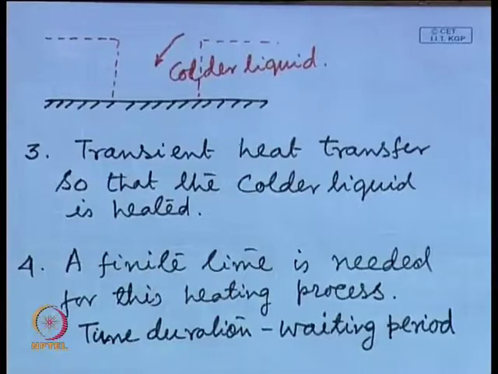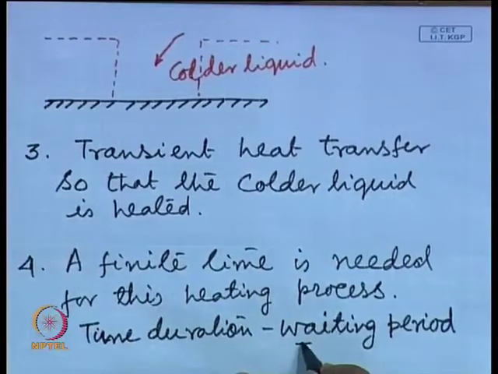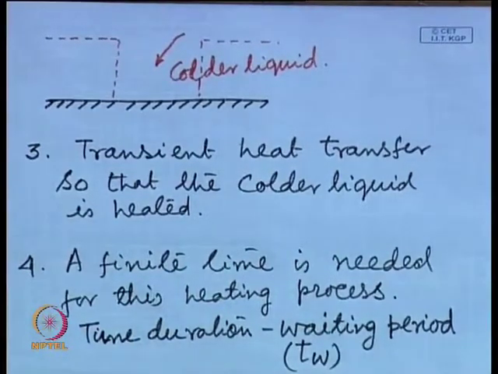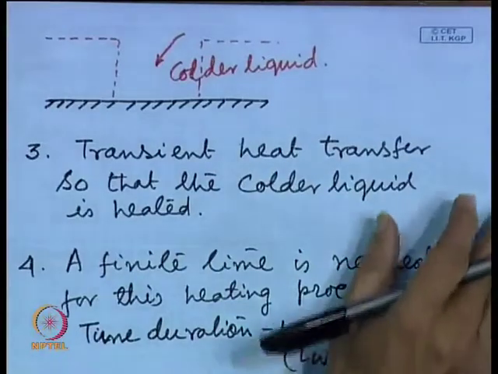So, in the evolution cycle or bubble growth cycle, the first time duration is known as the waiting period, and people have also estimated the time needed for it. This waiting period is denoted by T w.